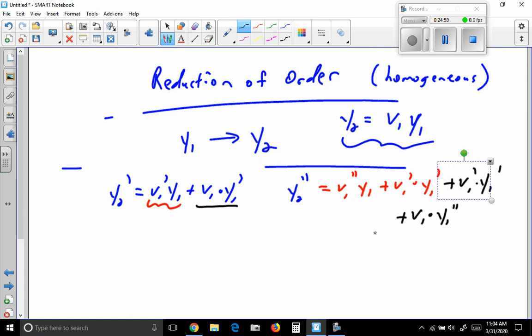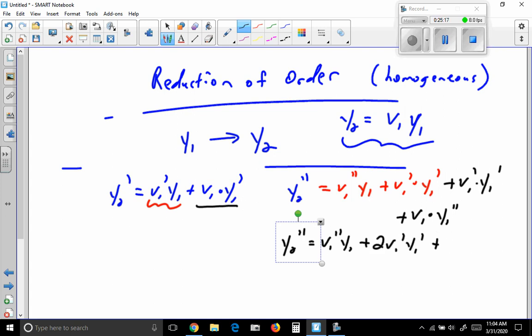And if we combine like terms there, we have a v1 double prime and a y1. We have a v1 prime, y1 prime, another one of those, so we have two v1 prime, y1 primes. Then we have a v1, y1 double prime.